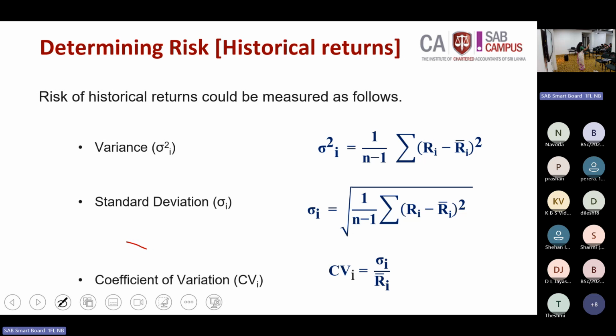Then the standard deviation is calculated as the square root of the variance. Standard deviation equals what? The square root of the variance. Right. And the coefficient of variation we identify later on.